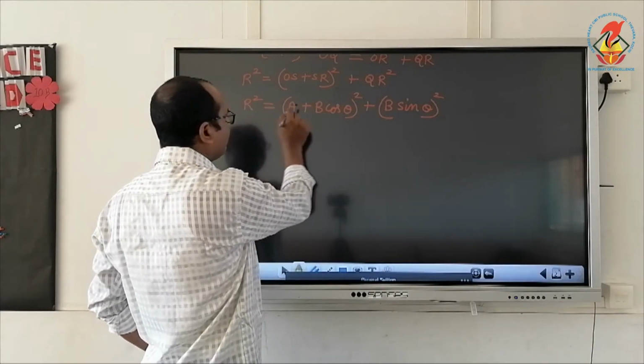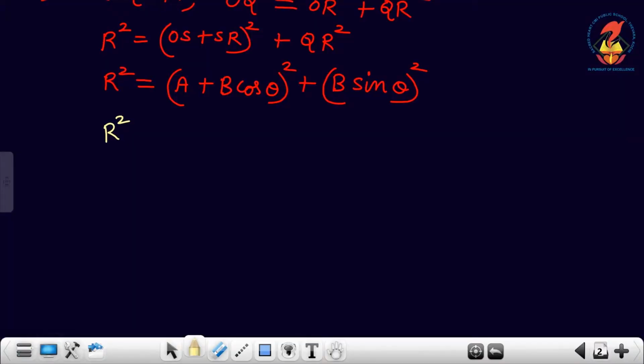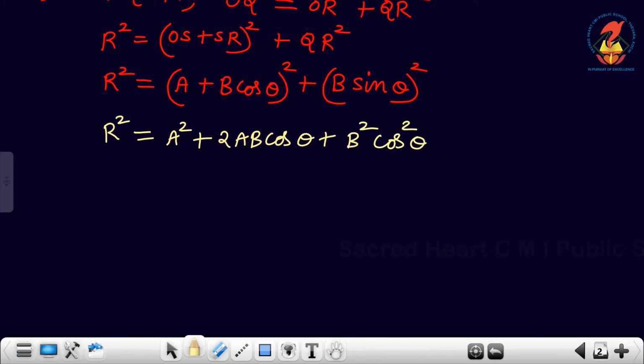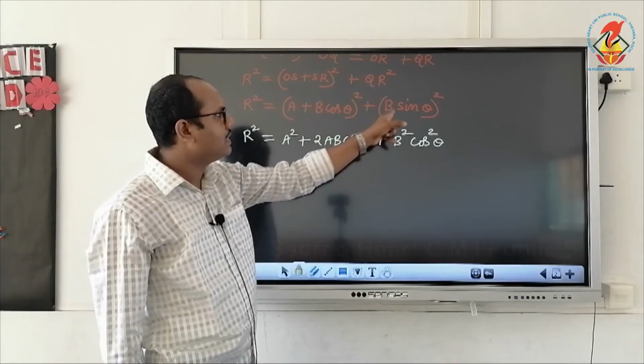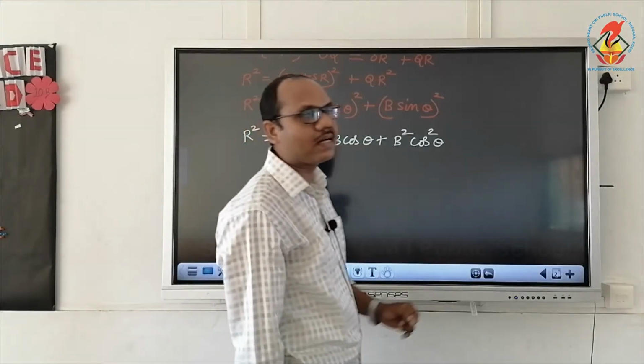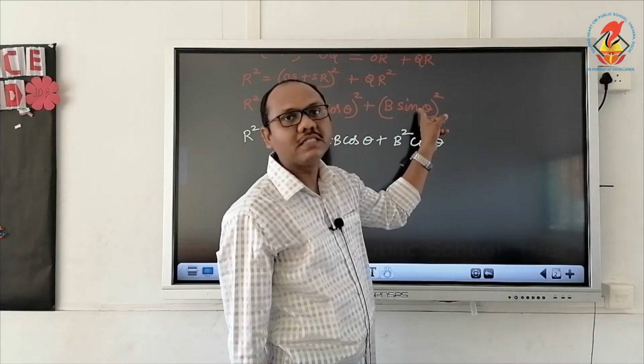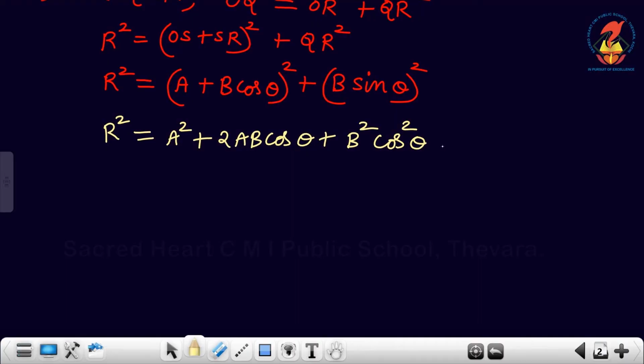Now we will open the bracket. So R square is equal to A square plus 2AB cos theta plus B square cos square theta. So this part is expanded. Now here B sin theta whole square can be written as B square sin square theta.